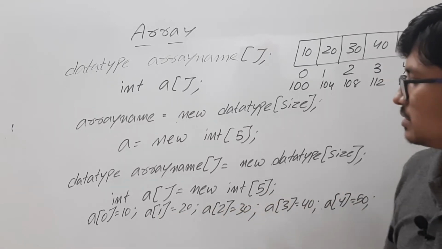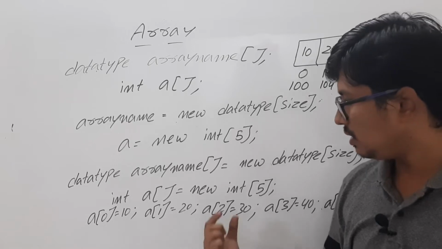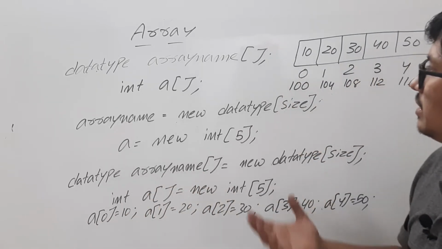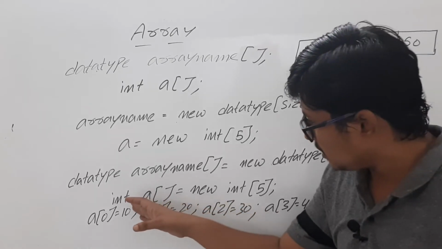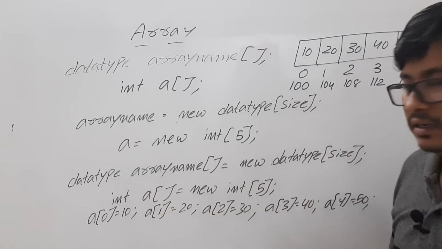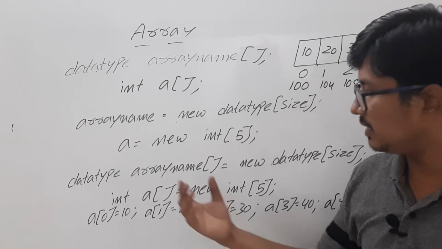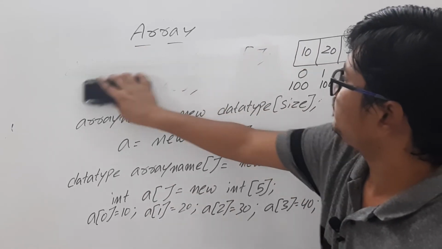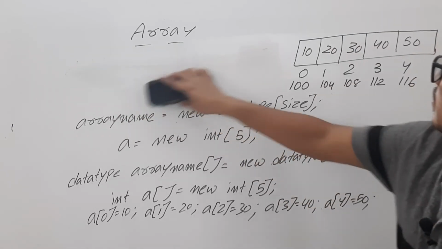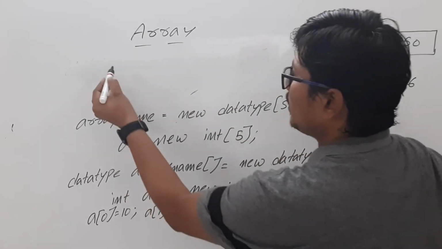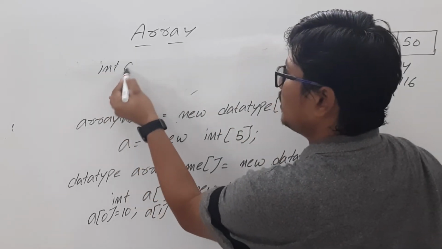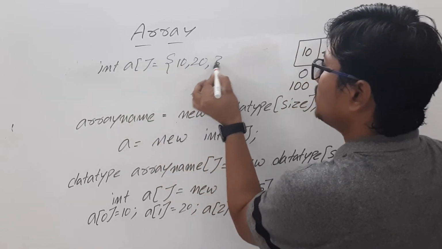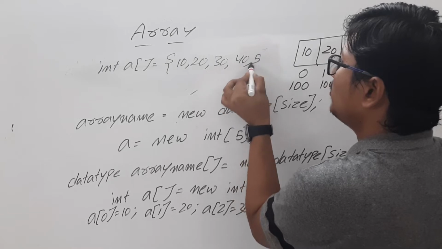Okay, another way. So this is what you provide during compile time, or you can even have the values during the declaration itself. How it is, I will discuss with you. I can write int array of, I can write 10 comma 20 comma 30 comma 40 comma 50.